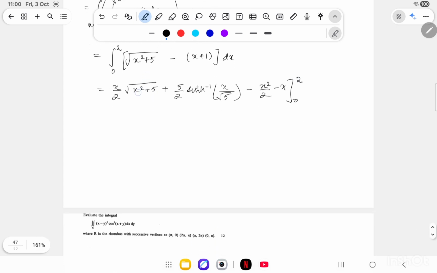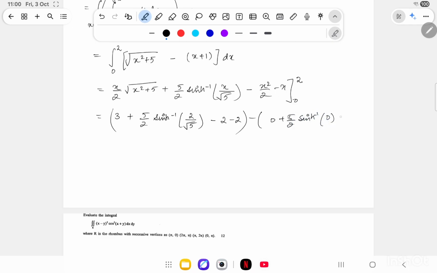If we plug in the limits, we get 4 plus 5 is 9, that is 3, plus 5 by 2 sine hyperbolic inverse 2 by under root 5, minus 2 minus 2, and if I plug in 0, that basically gives me 0 plus 5 by 2 sine hyperbolic inverse 0 minus 0.